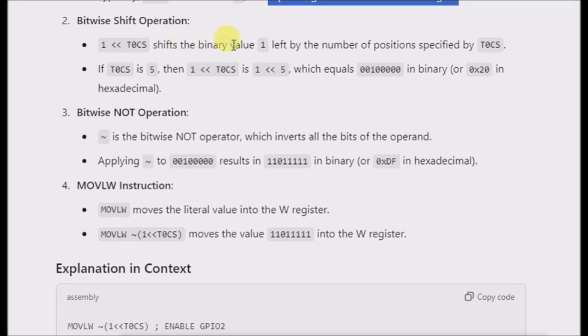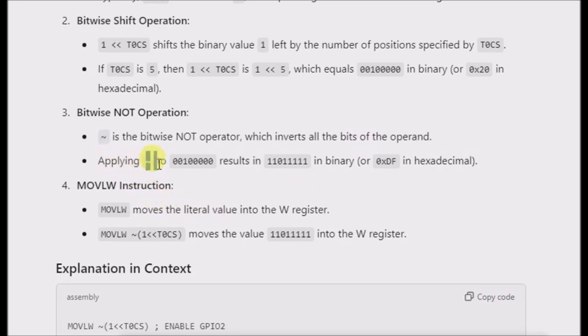1<<T0CS shifts the binary value 1 left by the number of positions specified by T0CS. If T0CS is 5, then this is 1<<5, which equals bits 7, 6, 5. It sticks a 1 there in binary or 0x20 in hexadecimal. Bitwise NOT operation. The tilde is a bitwise NOT operator which inverts all the bits of the operand.